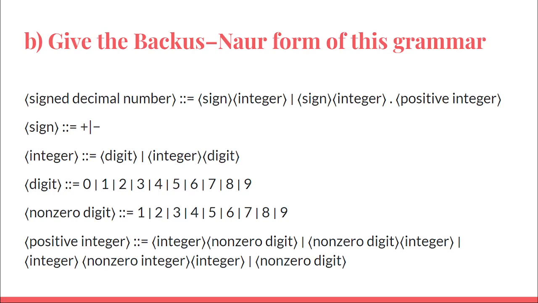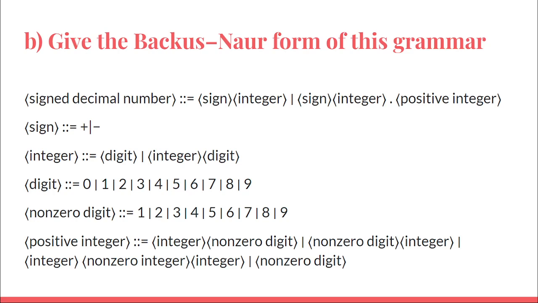On the left-hand side we have symbols which are non-terminals, then a double colon equals sign, and on the right side we have what we can replace these non-terminals with. Like in this example, I have replaced sign with plus or minus.